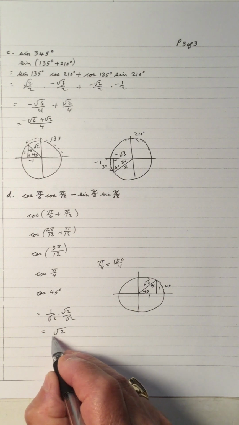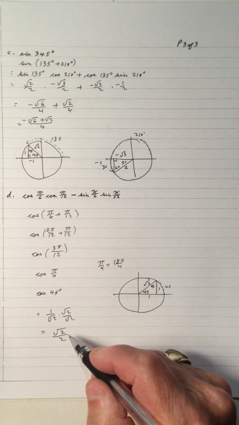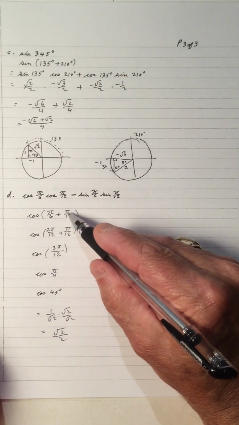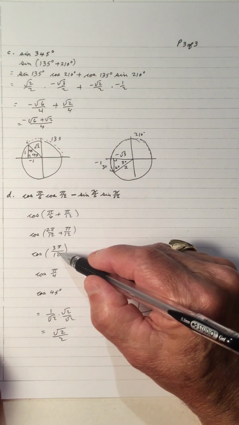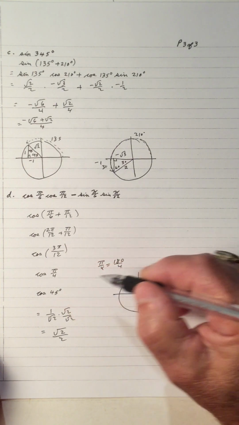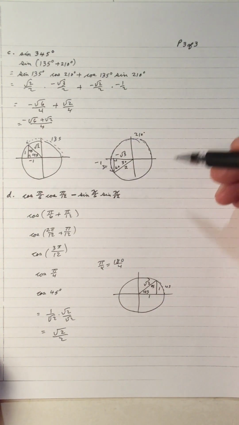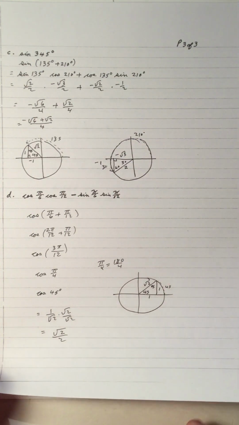So we get root 2 over 2. And that's the exact value. Notice I had radians here, but when I deal with radians, I like to change my radians to degrees because it's easier to draw the circle and know the special right triangles in 30, 60, 90, and 45.